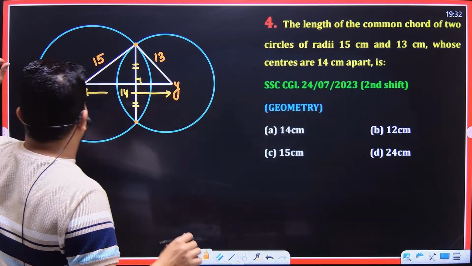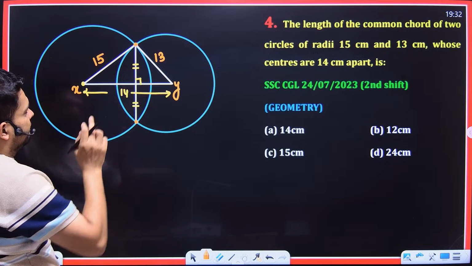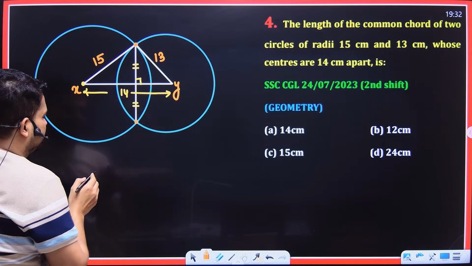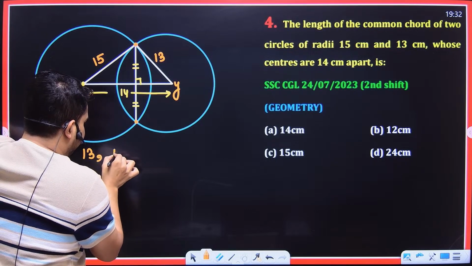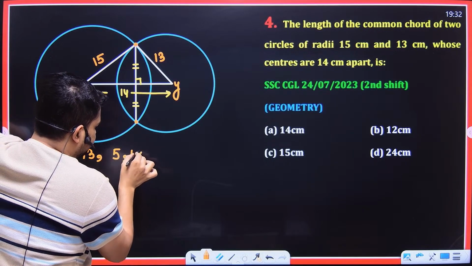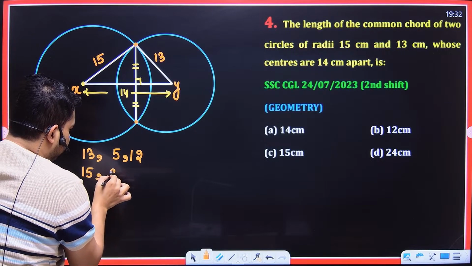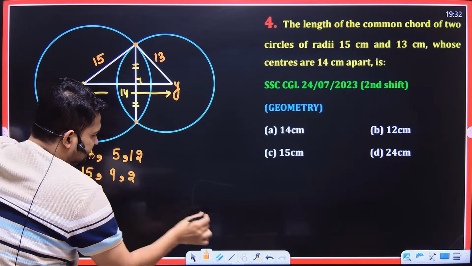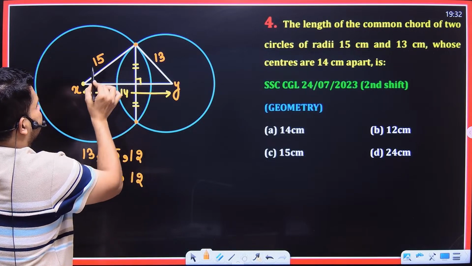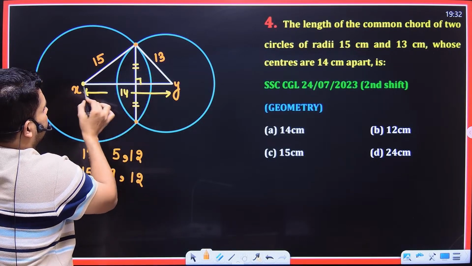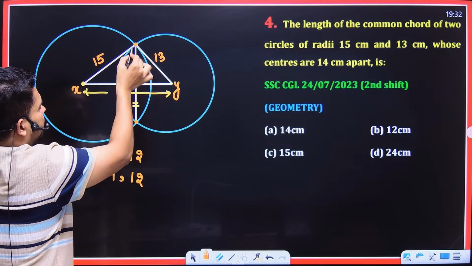See, we have 15 here. We have certain triplets. With 13 we have a triplet, that is if 13 is the hypotenuse, then we have 5 and 12. With 15 we have a triplet, that is 9 and 12. As you can see that 12 is common here, because if I look into this triangle, then I have 15 here, and this one is the common height.